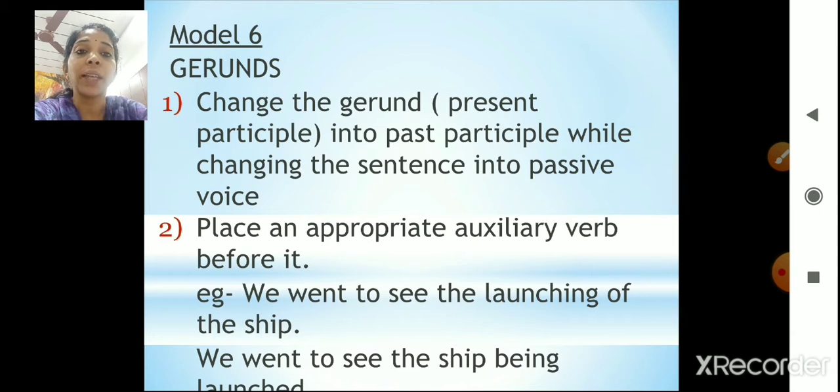And not only that, we also place an appropriate auxiliary verb before it. Like in this case, we are using being. Let's read the sentence after the transformation. We went to see the ship being launched. So this is model number 6, one part of model number 6.